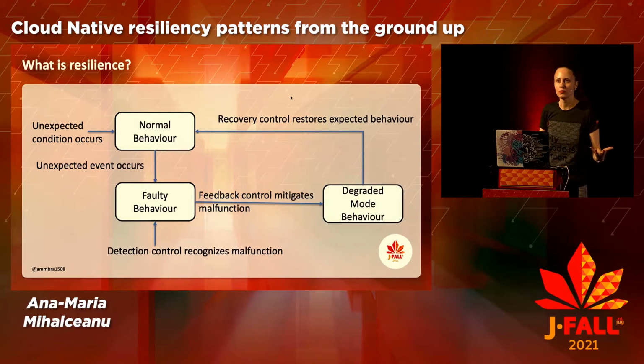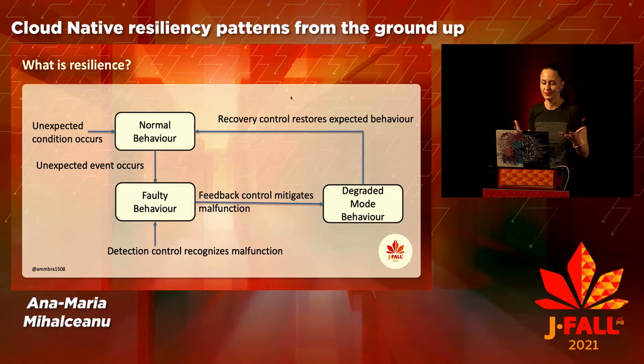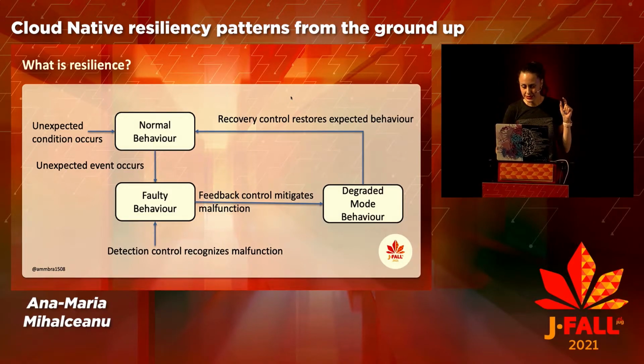You know, when you're using the fallbacks and you are still having your application available and replying something to your users, but it's not exactly like the normal time. Well, until then, you are working in a degraded mode behavior, and the best case scenario is that your end users don't feel that. But last, there is a recovery control mechanism that you implement that restores expected behavior, the normal one that we want to get to. So this is in a nutshell about resilience.